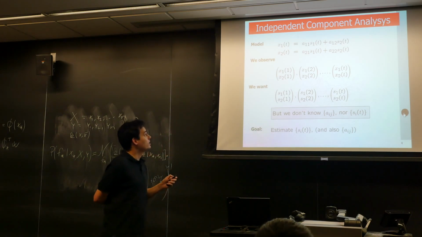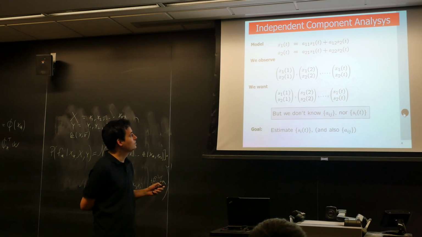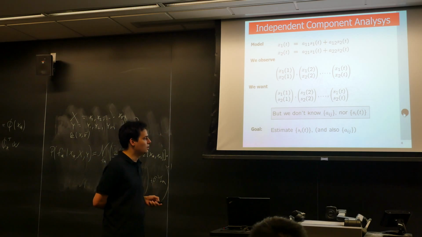This is formally the model. We observe x1(t), x2(t), which is a linear mixture of two signals s1(t) and s2(t). We don't know the mixing matrix. We don't know the original signals either. Our goal is to estimate them.